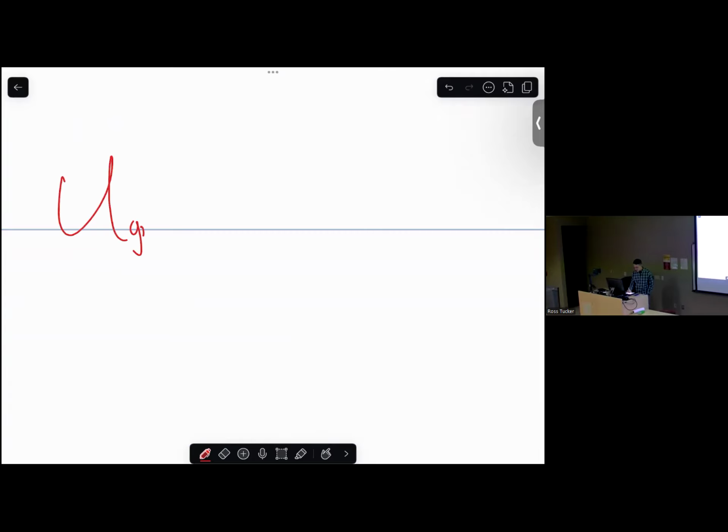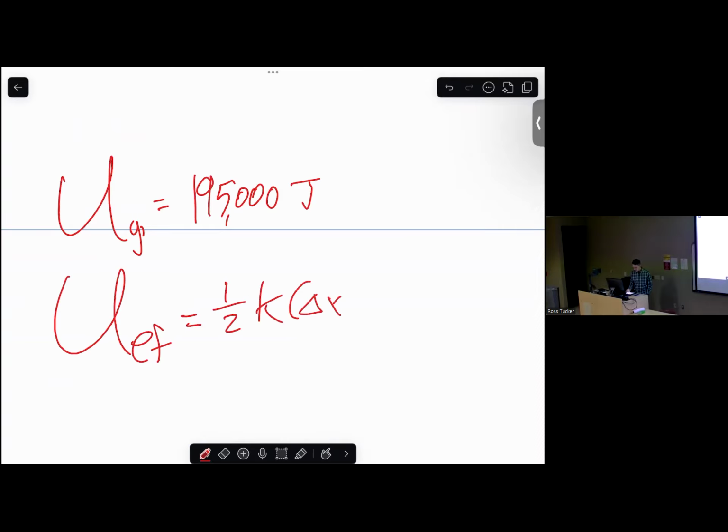Okay, so we've got gravitational potential energy equals 195,000 from the previous problem. We have an unknown elastic potential energy of one-half K times however much the spring is stretched, squared.